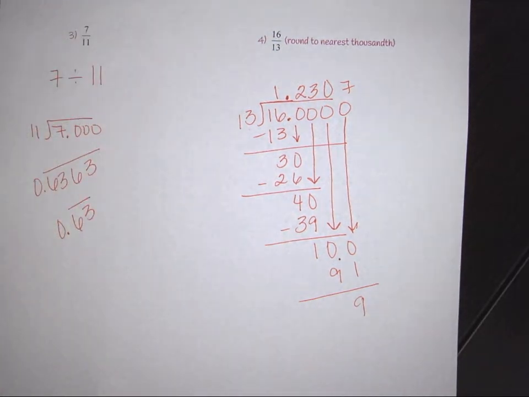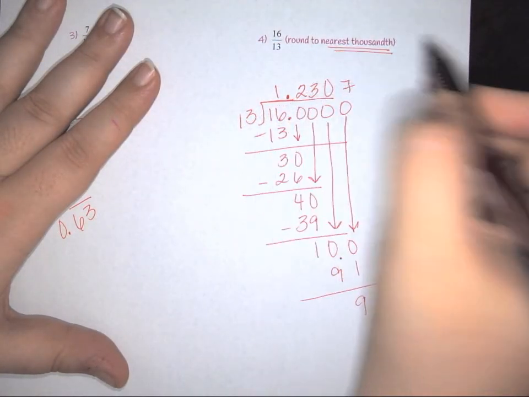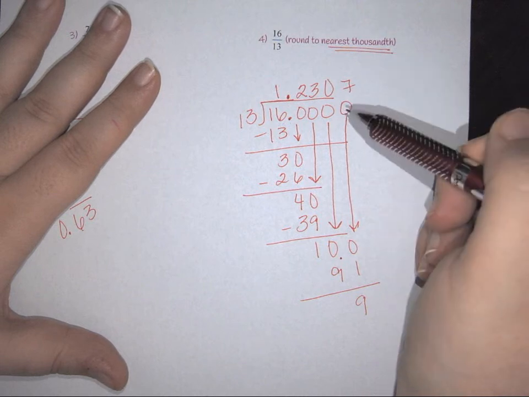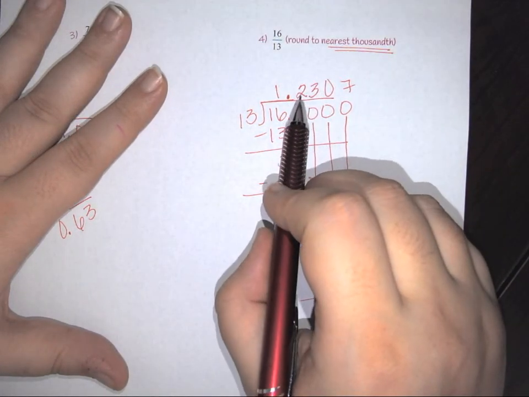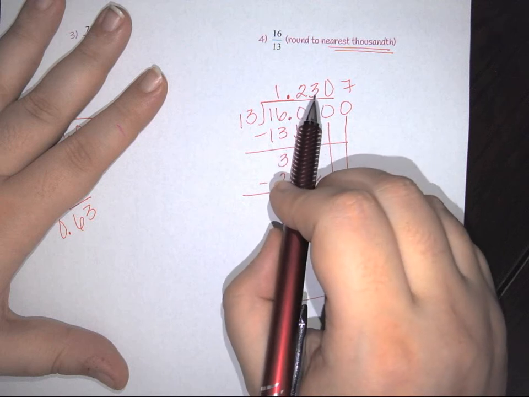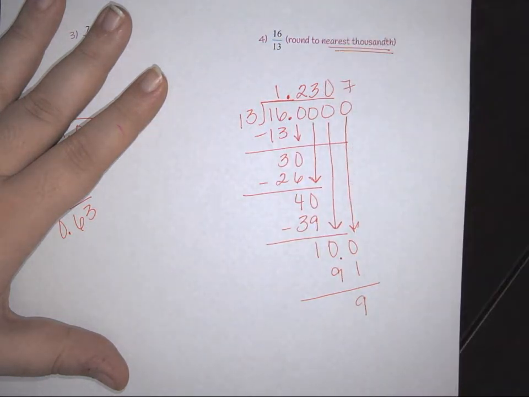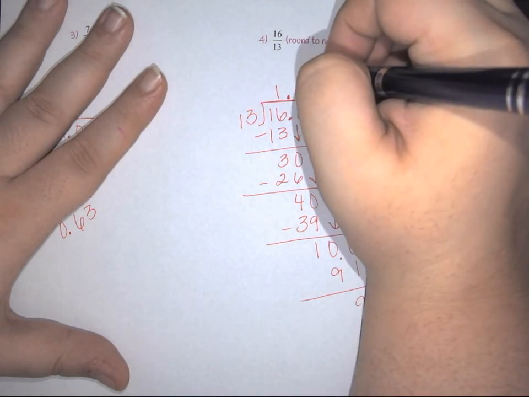Okay? So once you get there, you need to look at where you're supposed to round, and we have that you're rounding to the nearest thousandth. So you need to remember where your thousandth is. Okay, so this is tenths, hundredths, thousandths. So when I'm talking about rounding to my thousandth spot, I'm looking at this spot here.